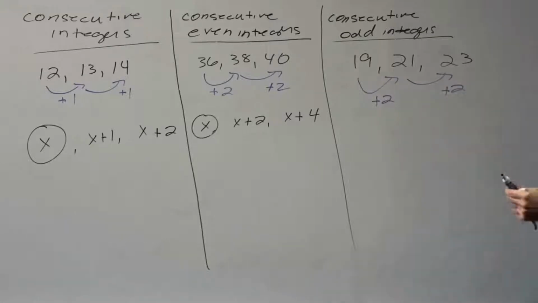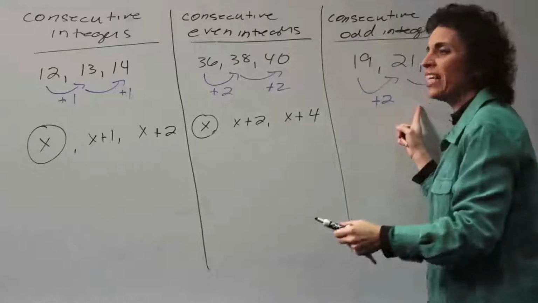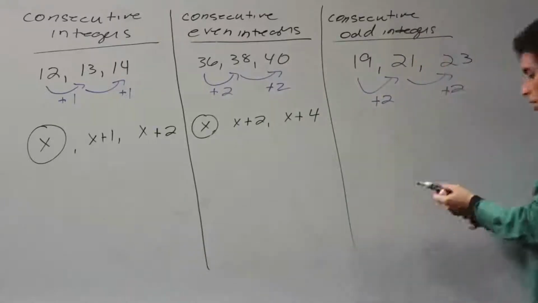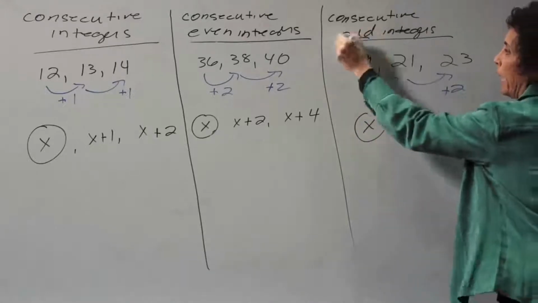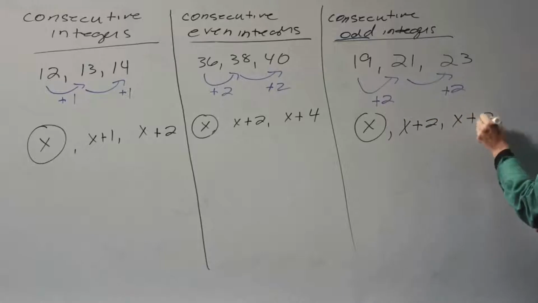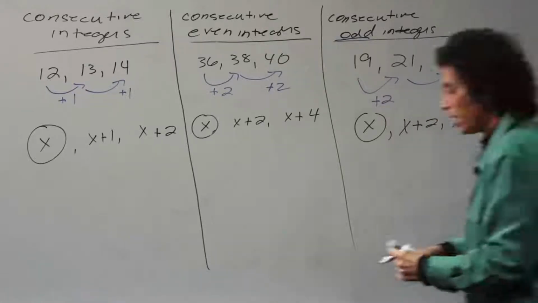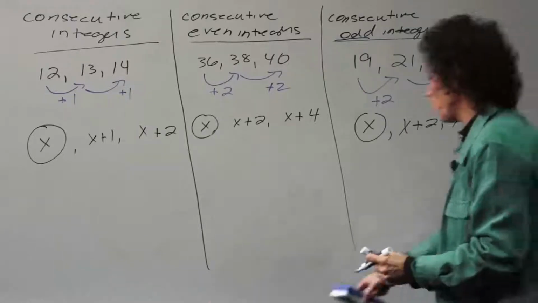And the reason, remember here we had to step over an odd to get to an even. Here we have to step over an even to get to an odd. So the algebraic representation would be x, where x is an odd integer, and then add 2, and then add 2 to that. x plus 2 would give x plus 4.